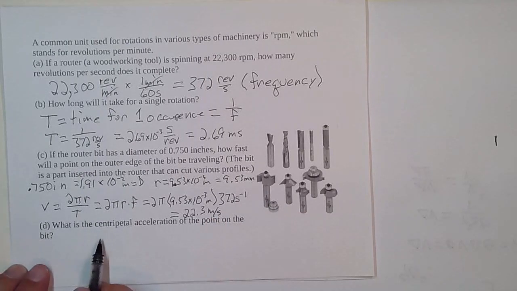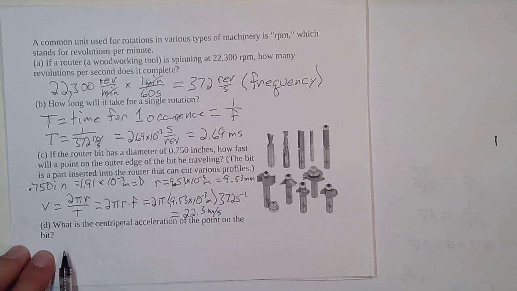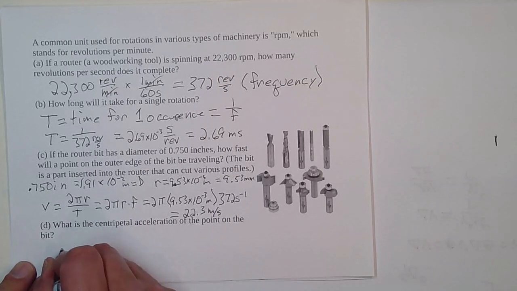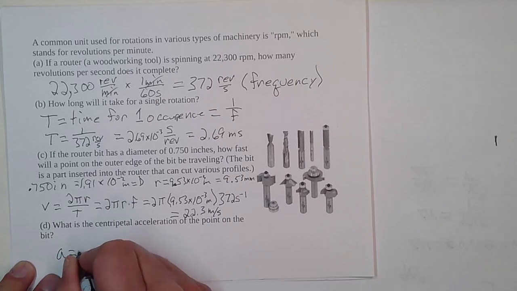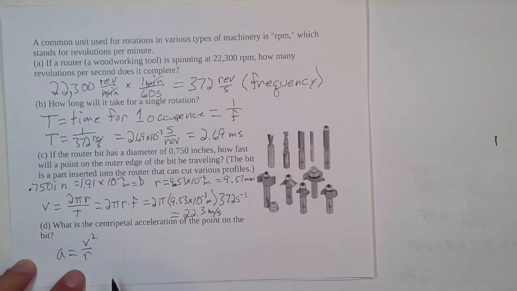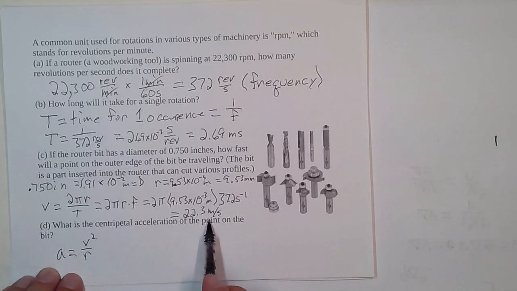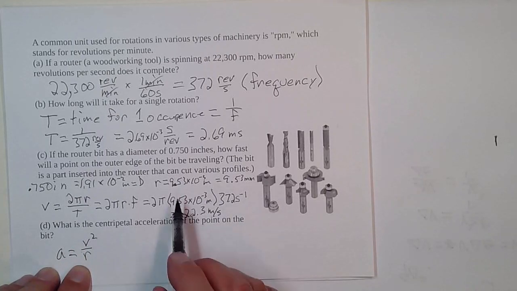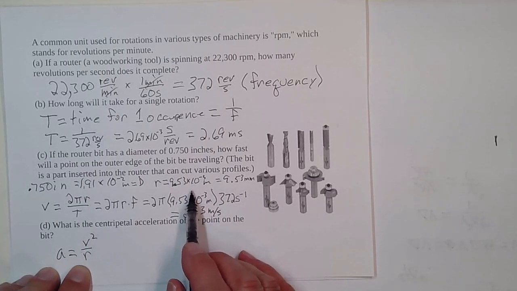That's the next question. What's the centripetal acceleration of the point on the bit? Well, centripetal acceleration, this is our first calculation of it. A equals v squared over r. V squared, that's going to be something more than 400 for the numerator, and you're dividing by this thing that's got a 10 to the minus third on it.